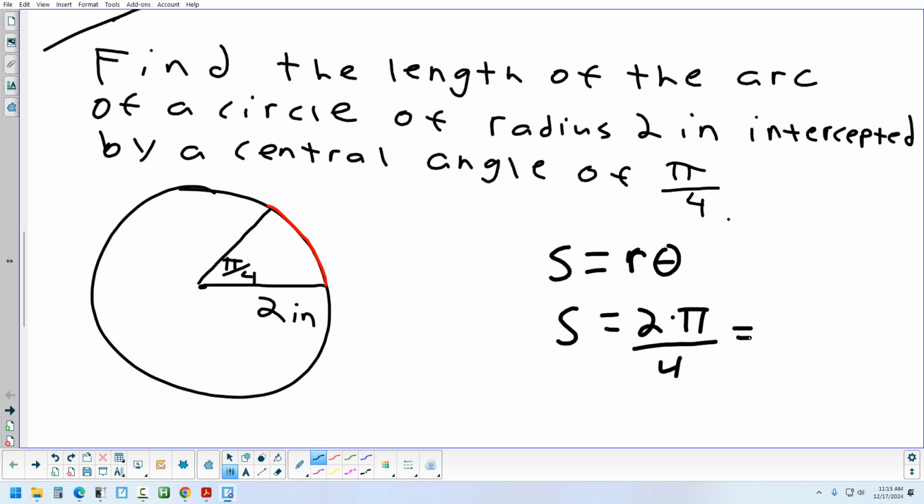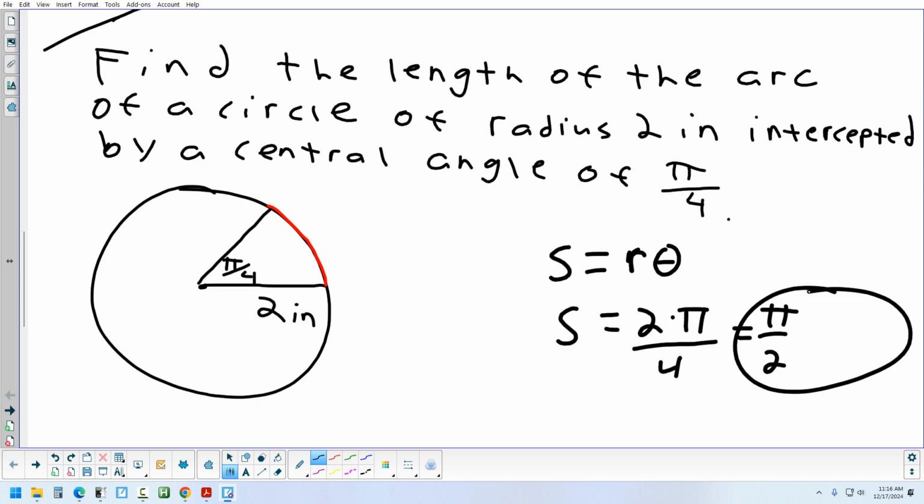Okay, so multiply that together. 2 pi divided by 4. And what does that reduce to? Pi over 2. And remind me again, what did we just find? The arc length. So we found something that is a length.